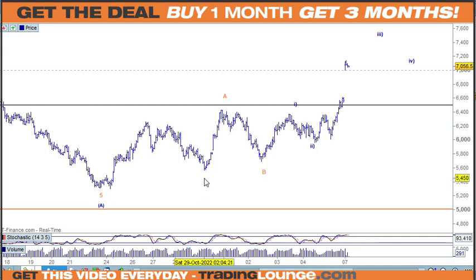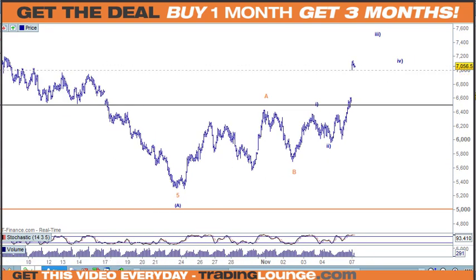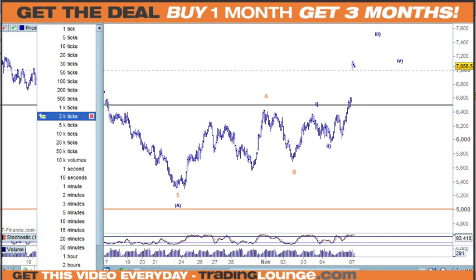At the same time, we've got a corrective wave here as an A wave, and then a B wave, and then 1, 2, 3, 4, 5. So it does make a nice corrective move here. This makes a nice corrective move. This is corrective here. So it does appear that we've got some sort of more impulsive situation happening to the upside.